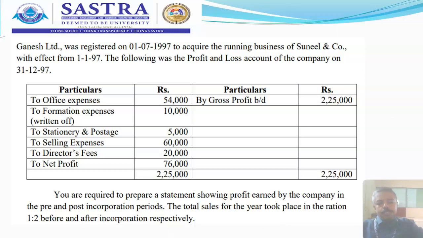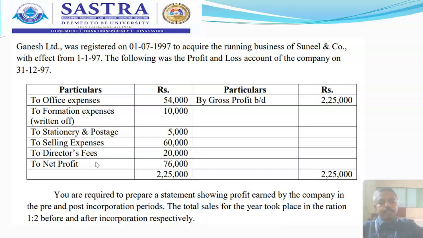So 20,000 allocated directly to post-incorporation period is rupees 20,000. I hope I am clear to you and you are able to follow all my statements and write in your notebook. Take the key notes with respect to multiple choice questions and answers.